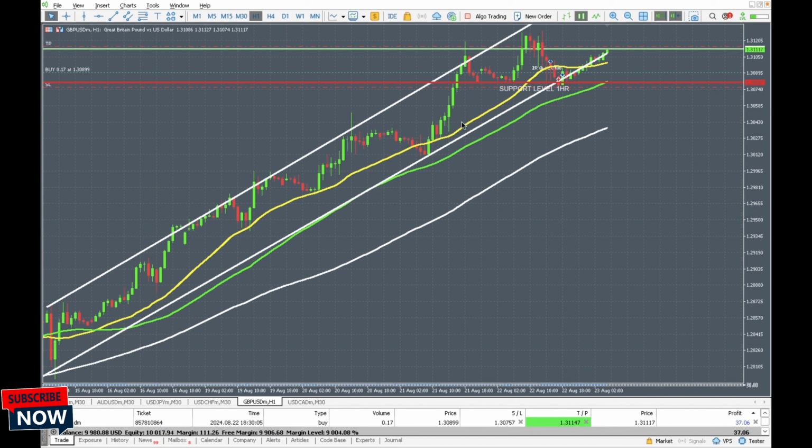What's here is also what I inputted here. It's the moving average. This is the 25 moving average, this is the 50 moving average, and this is the 100 moving average.